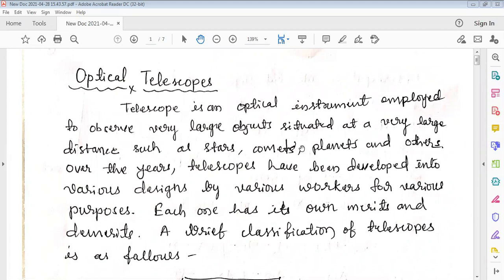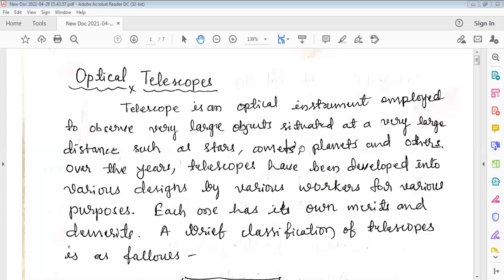Optical telescopes. This optical telescope is an optical instrument employed to observe very large objects situated at a very large distance, such as stars, comets, planets, and others.